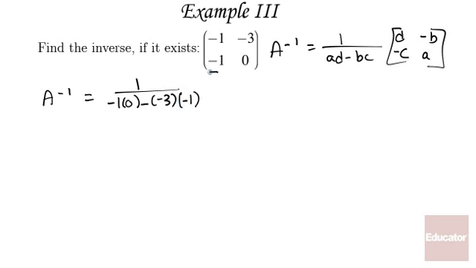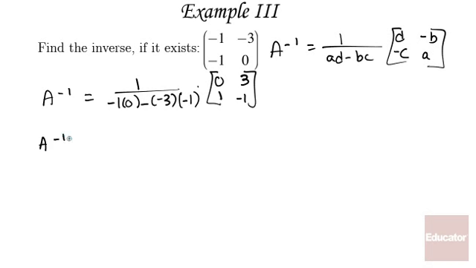Then times this matrix, found by switching these two positions, 0 and negative 1. Now, for negative 3, which is in the B position, I'm going to take the opposite sign. That's going to be 3. For negative 1, which is in the C position, I'm going to take the opposite sign and make it 1.